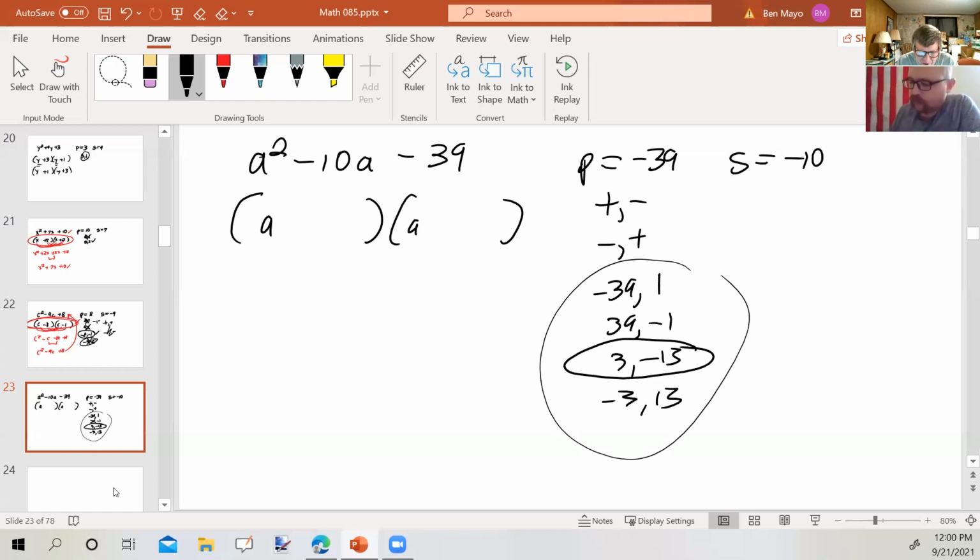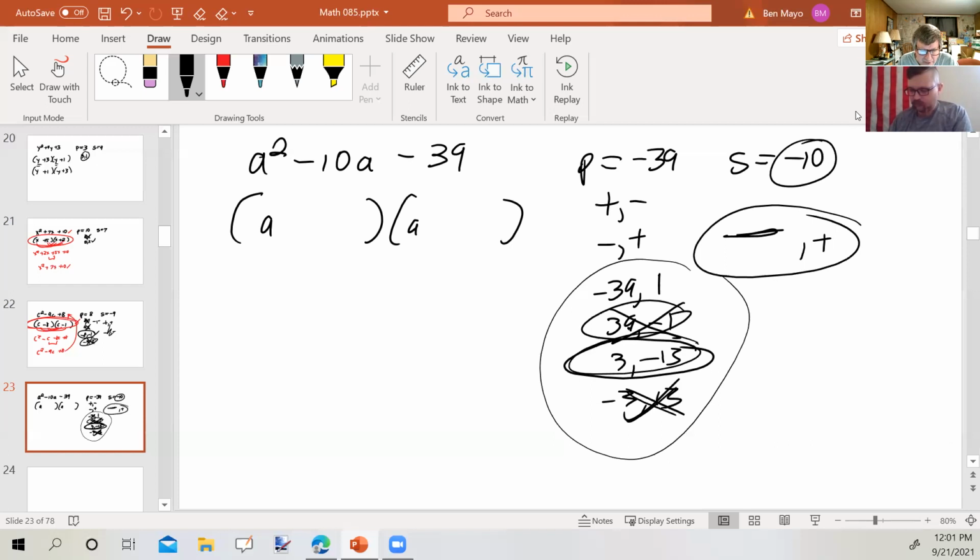Now, notice something. My sum is negative, which means that of the two numbers I'm looking at, the negative one has to be more powerful. So there's no way it would be that one or that one, because here the positive is bigger, and here the positive is bigger. So what that tells me is I'm looking for a big negative and a little positive.